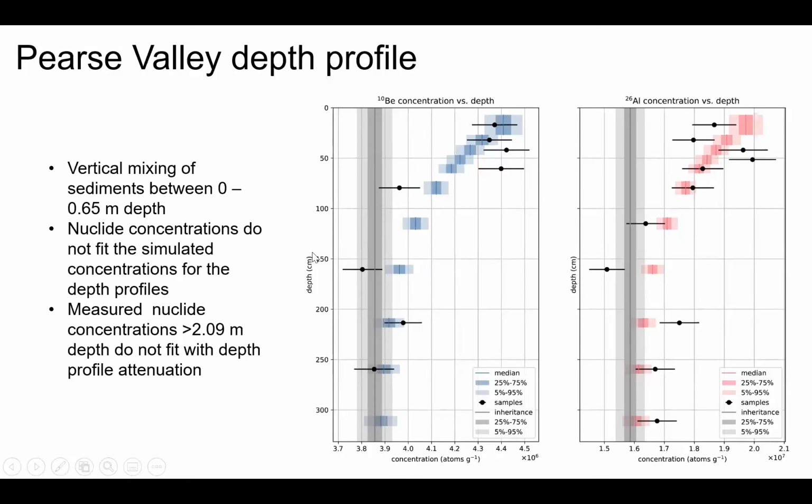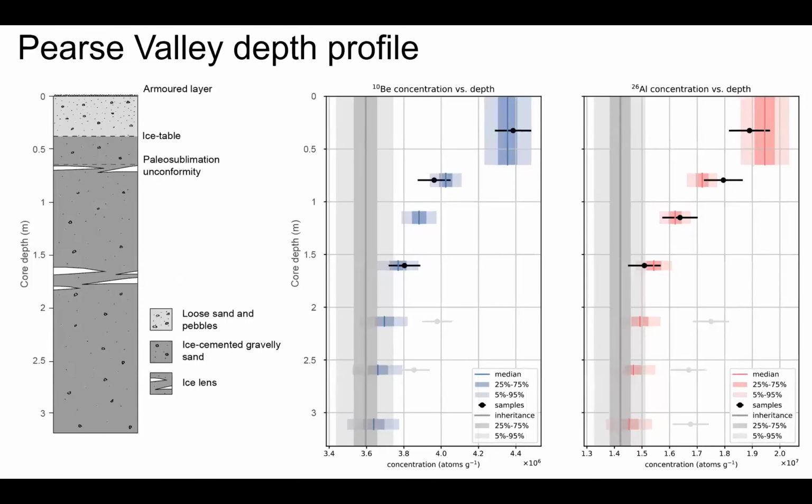But what we did was we assumed that mixed layer was reflective of that upper attenuation profile. So we averaged that upper 65 centimeters as one sample, and we removed the samples below 2 meters depth, as they were indicative of a previous event or an older surface.